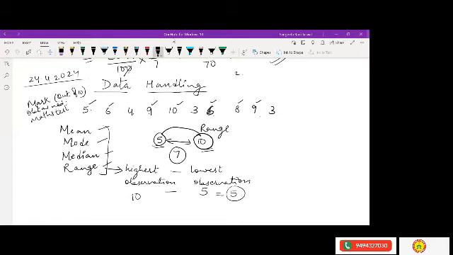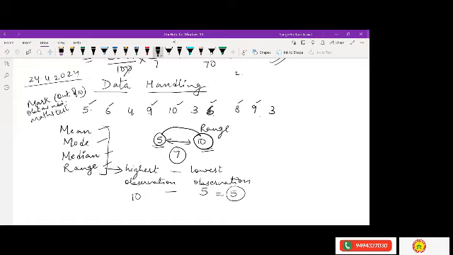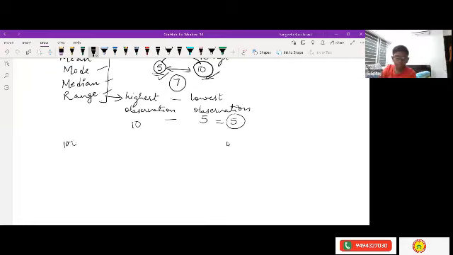You got it? Did you understand this? Yes, ma'am. So this is how you get the range. From a lower limit to a higher limit, the difference between the higher limit and the lower limit is called range. Now suppose if I tell you to collect the data of the children who have height.